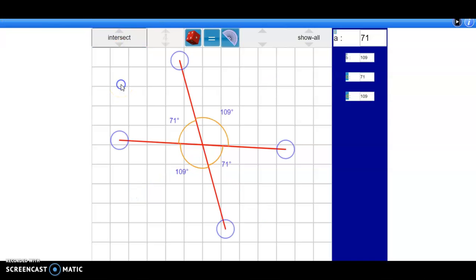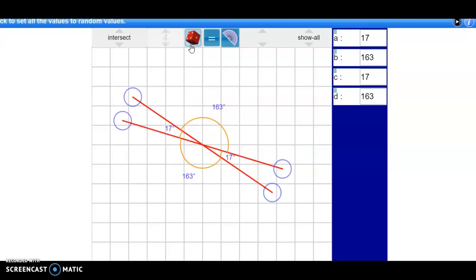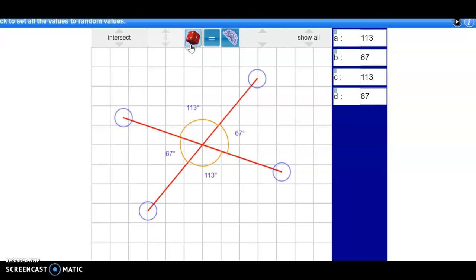I want you to explore vertical angles with this. You'll notice I got a random set. Remember, vertical angles are when two lines intersect like this and they're across the vertex from each other. So like this 71 and this 71, this 109, this 109. Look at a few sets of vertical angles and start to see what you notice, and unpause back to the lesson when you're ready.